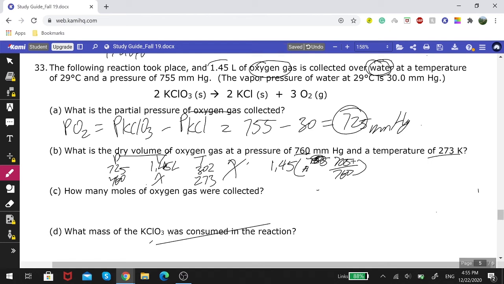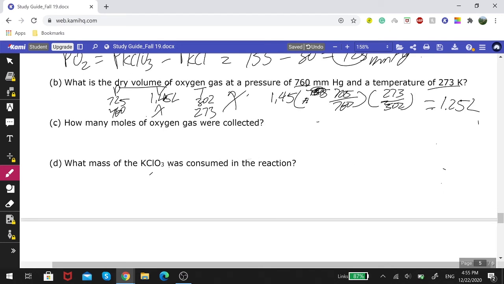So as temperature decreases, volume will also decrease. So we're going to put the smaller one on top as well. And that gives us 1.45 times 273 times 725 divided by 302 divided by 760, which gives an answer of 1.25 liters. See how many moles of oxygen is used.